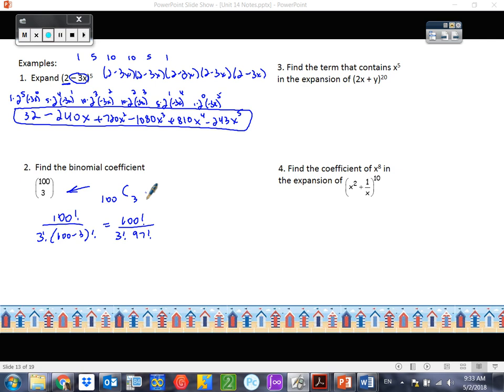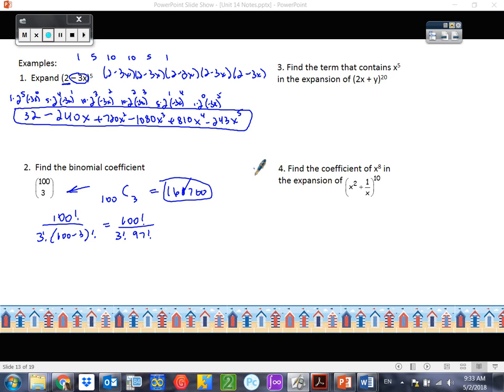No matter which way I do it, I'm going to need a calculator. I could cancel a bunch of stuff out and kind of wing it, but it would still take a while. When you do that, you are going to get 161,700. That's my binomial coefficient. Okay?